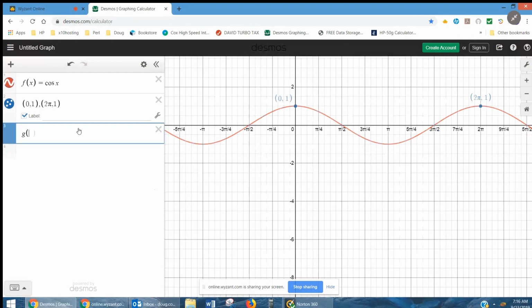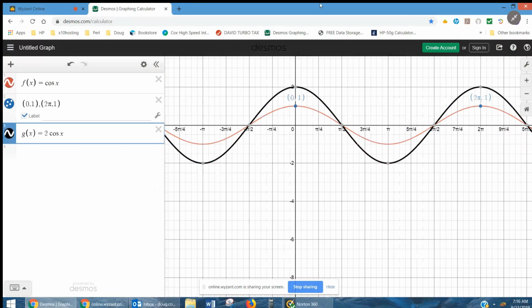Now, if I define a function g of x that starts to look like the required one, first let's put an amplitude of 2. All that does is have this cosine function go 2 above the midline and 2 below the midline. And the midline in this case is just the x-axis.